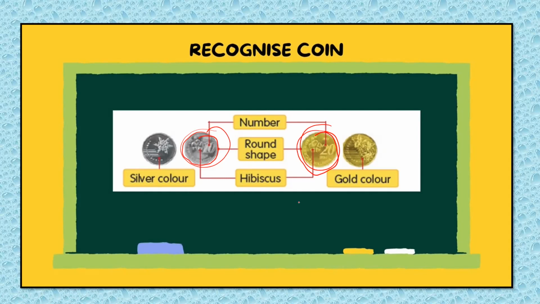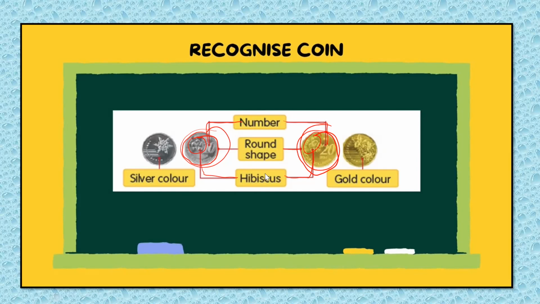And both have the same flower. What type of flower is that? Yes, that is our national flower, the hibiscus. You see, got hibiscus or not? Yes. That's why they put the arrow. You can see these are the similarities.